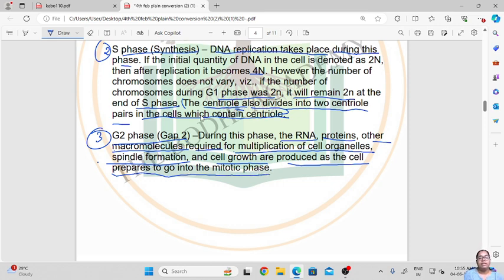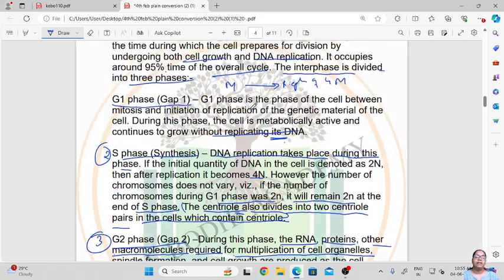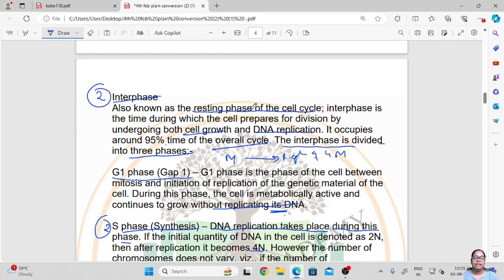So in this phase, basically the RNA, the protein and other macromolecules which are required for the cell organelles to multiply are formed. So this is about the G2 phase, that is the gap 2 phase of interphase. That is the second phase of cell cycle.